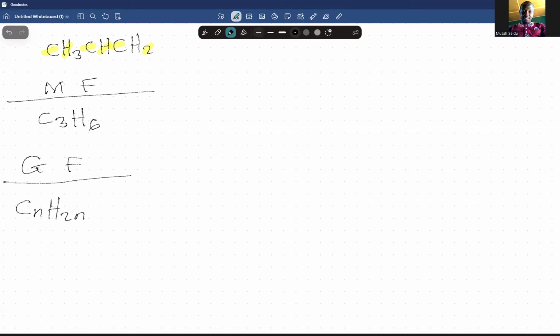And then I'm going to multiply 2 by the number of carbons I have. And the number of carbons, I know that I have 3. So if I multiply it by 3, I get 6.